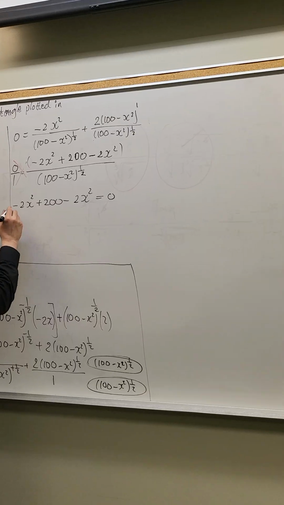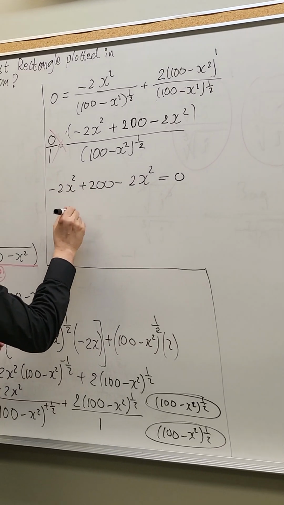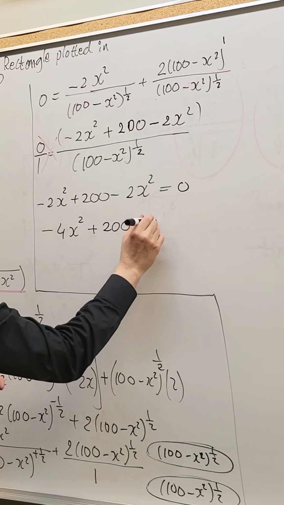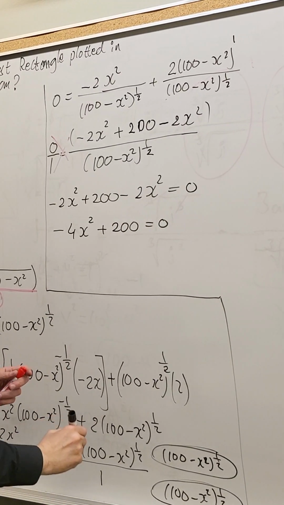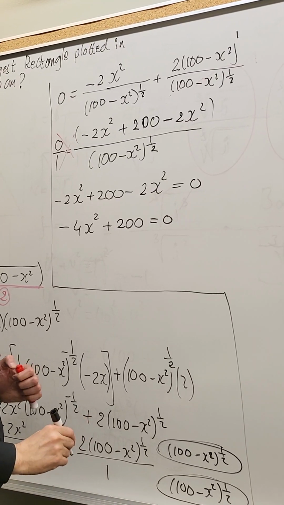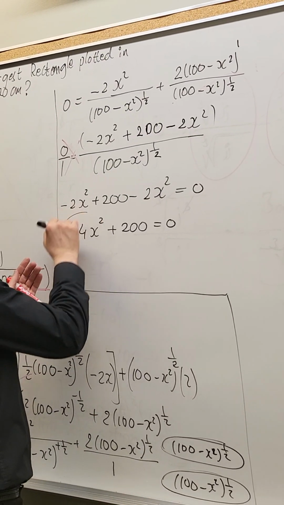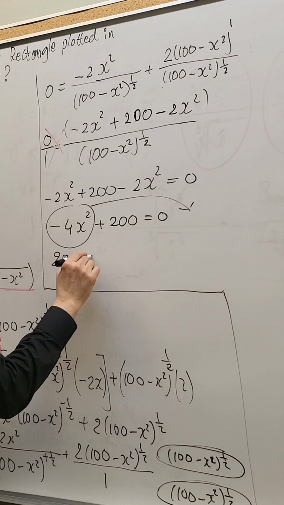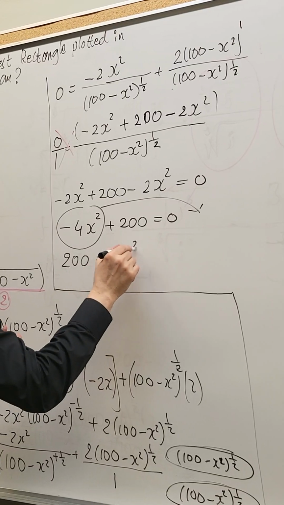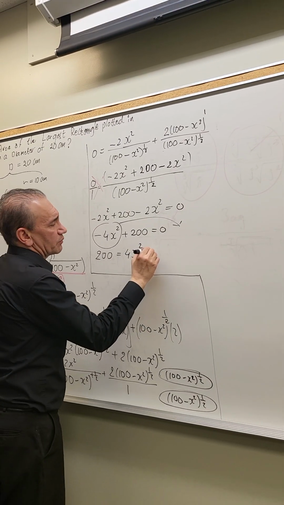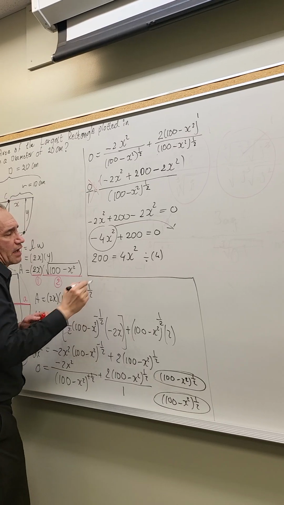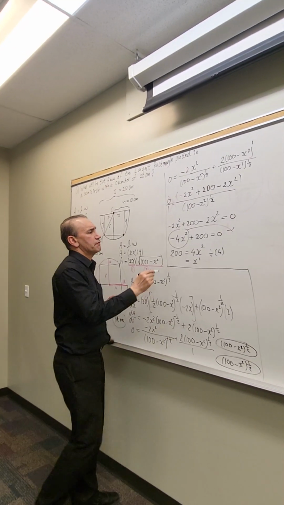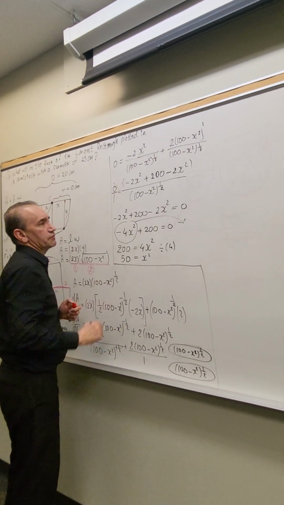The answer for these two will be minus 4x squared plus 200 is equal to 0. Well, we can divide now by 4, or let's just move this term to the other side to make it positive. So we could say that 200 is equal to 4x squared. And now we divide both sides by 4, so we are going to have x squared, and 200 divided by 4 is going to give me 50.